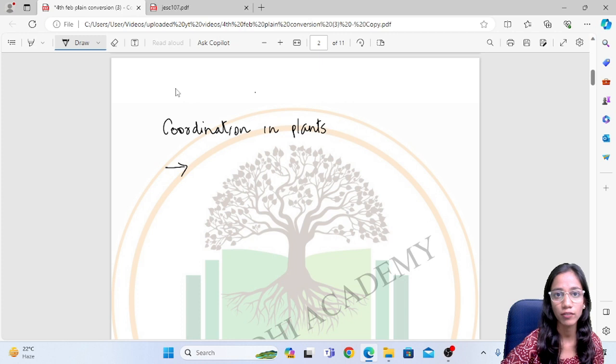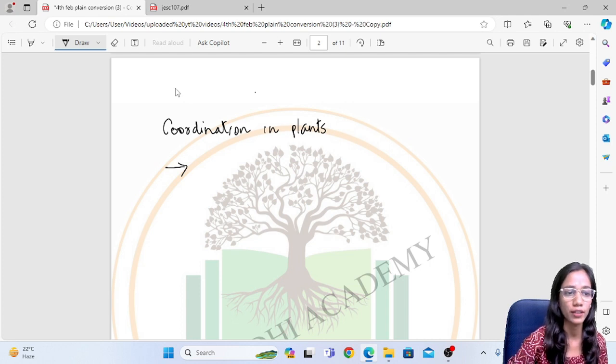Whatever happens in the environment, when it affects an organism, it is called a stimulus. This stimulus also affects the plant, so plants also have to respond to the stimulus.